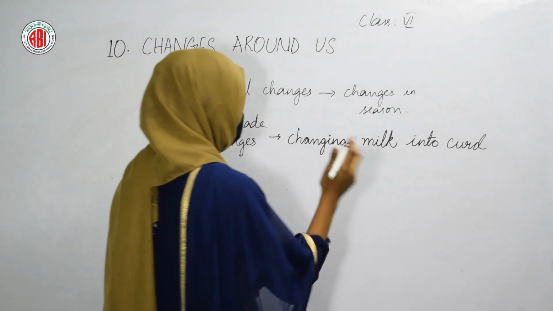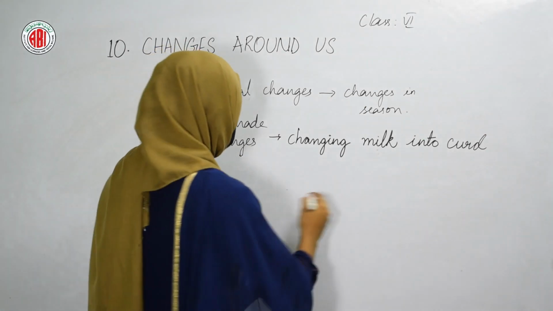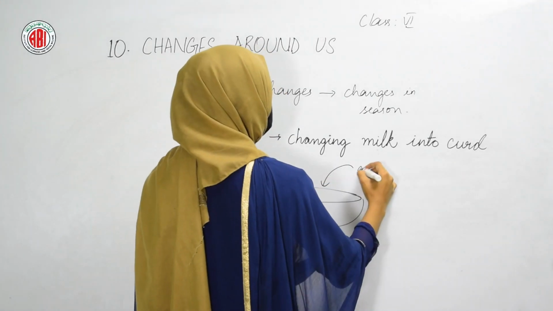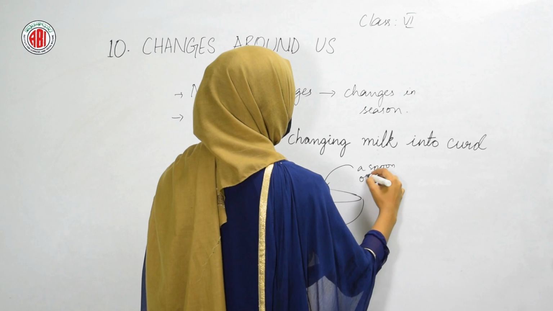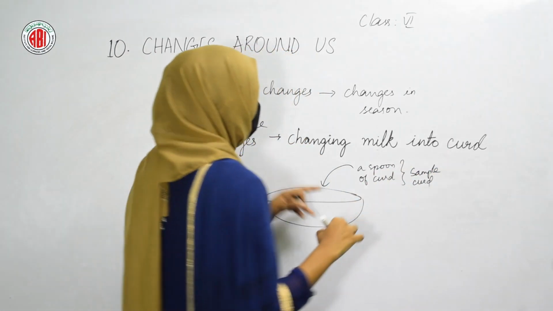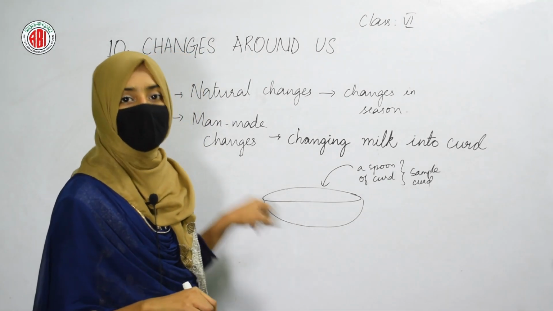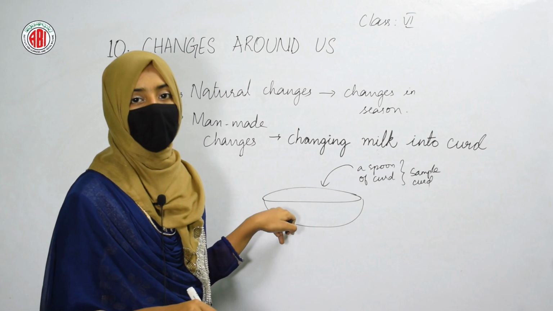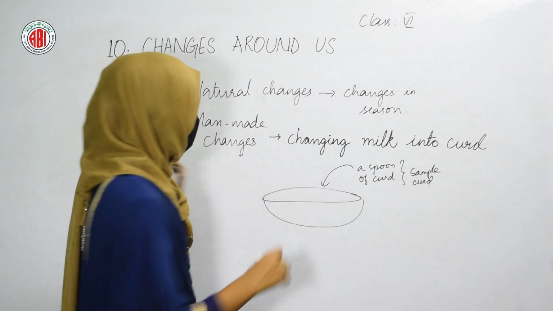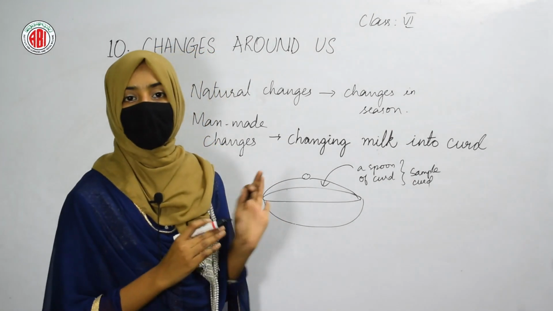In this, what we need to do is take some warm milk in a bowl, and in this bowl we add a spoon of curd. This spoon of curd is called sample curd. Now after adding the sample curd into the warm milk in the bowl, stir the milk properly, and after stirring, close the bowl with a lid and keep it aside for some time.